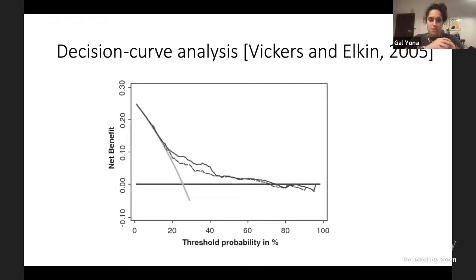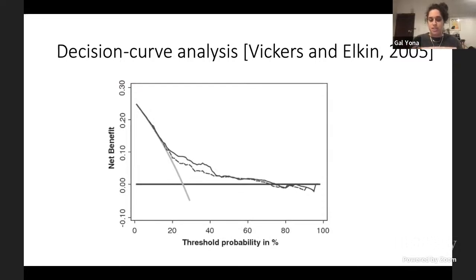And the remaining two lines are just two specific models, so this also gives you a nice way to compare models. Something that should be obvious, even for someone who doesn't know anything about machine learning, is that you can see from this graph exactly the range of thresholds for which using this predictive model actually gives you clinical utility.